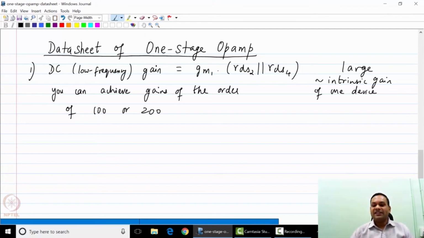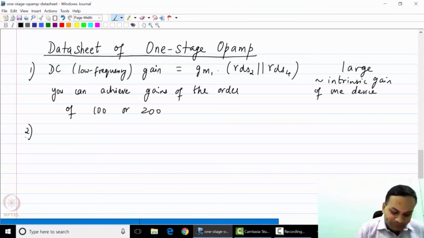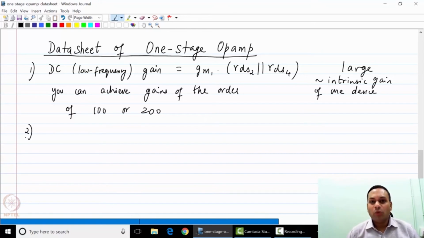So with a single stage op-amp, you should expect to get a gain of about 100 or so. Now, if you wanted more gain, it turns out you will have to go for a different kind of op-amp that we'll discuss in future lectures.